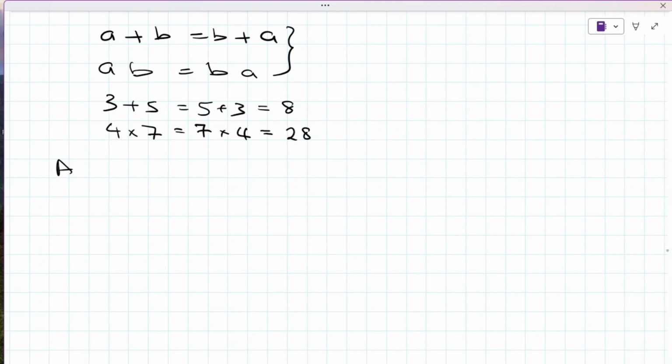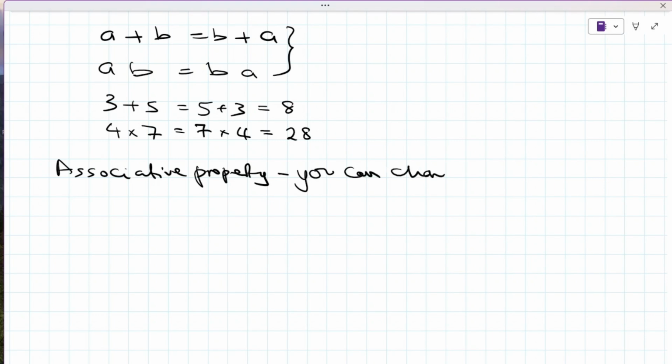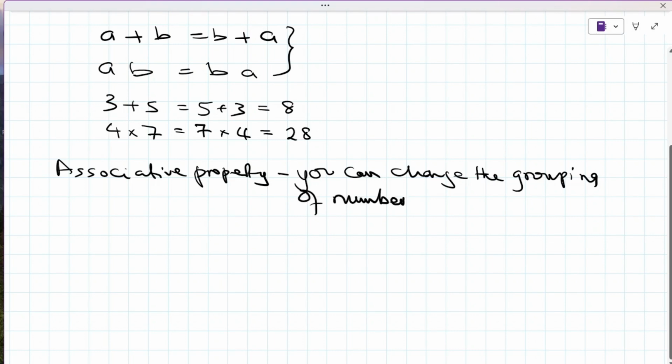Associative means you can change the grouping of numbers, but not the order. Let's look at an example.